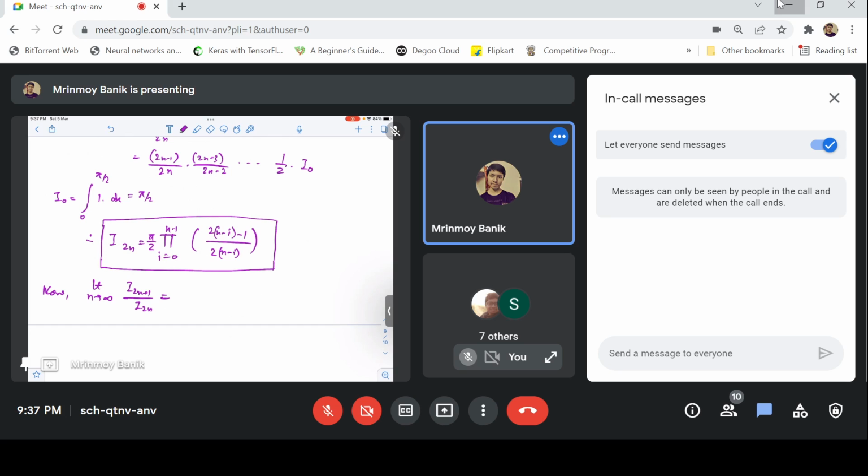So the limit n tends to infinity: 2 power 4n in the numerator and 2 power 4n plus 1 in the denominator. 2 power 4n will get cancelled. n power 4n plus 1 L squared.